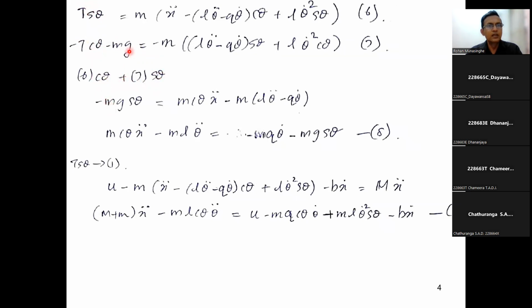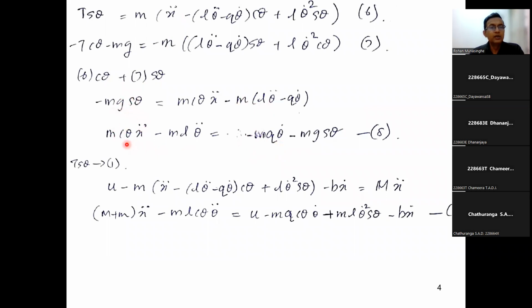So once we do that, you get mg sine theta on the left hand side and you get the right hand side like that. And some of these terms cancel out when you do that. Remember this minus mL theta dot square cos theta, and here plus mL theta dot square sine theta. When you do this, those terms cancel out. Sorry about this equation. It's not very clear, but let me tell it to you.